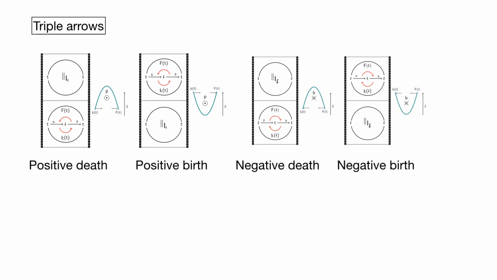The other composition is going in the other direction, and that's called a positive birth. There's a negative death. Most deaths are negative. And that's going to be a comparison of the globular composition with the identity on F. And then there's a negative birth, where we start with the identity on the identity on F and compare that with a globular composition along the path PB. So those are some of the triple arrows we have.